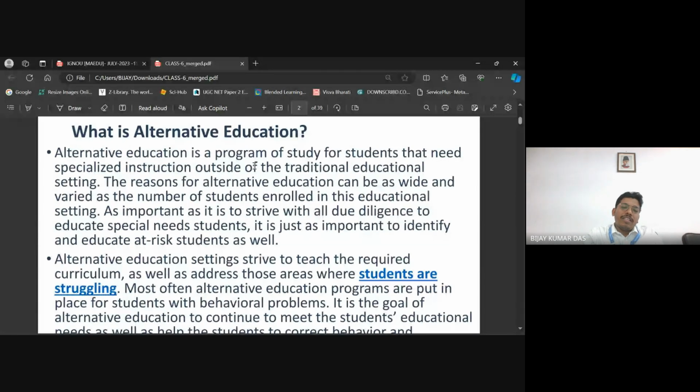So as you can say very simply, an alternative education is a program of study for students that need specialized instruction outside of the traditional educational setting. We are learning through massive open online courses, MOOCs, the SWAYAM platform.